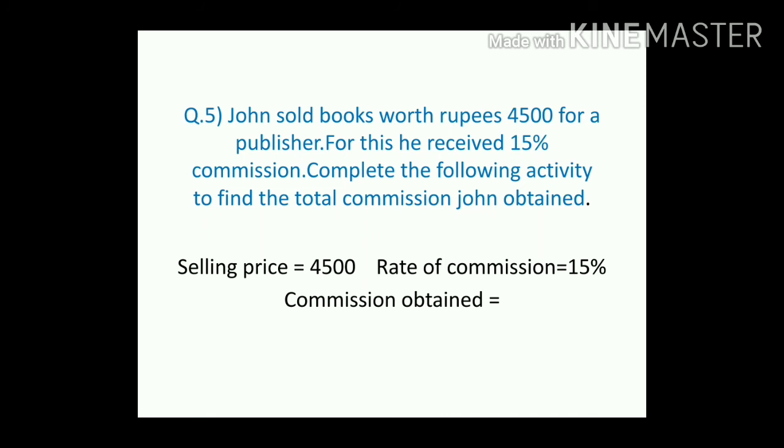So it means 15 upon 100 into, what is the selling price? 4,500. Now here, children, we have to do cancellation. 0, 0 get cancelled. So 15 into 45, we get, children, 675. Okay. Therefore, commission is equal to 675 rupees.